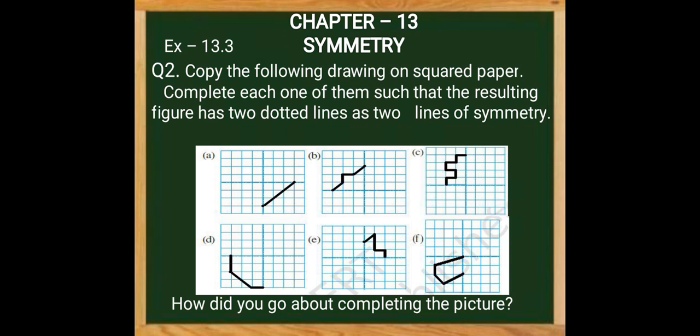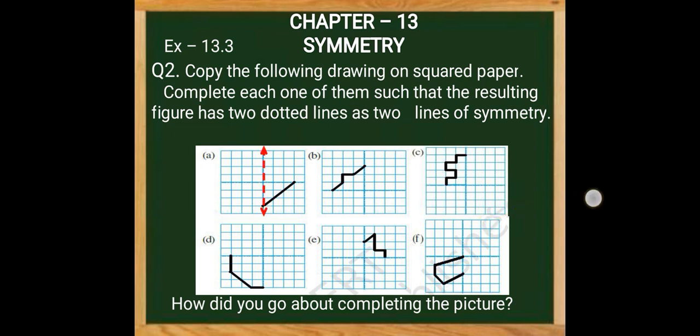When you copy, be very minutely observant of how many squares are occupied for drawing these lines. Say this one line is occupying how many squares? 3 squares. So like this you have to be observant and then you trace. And the very important part is to find out where the lines of symmetry are. Two lines of symmetry they are talking about.